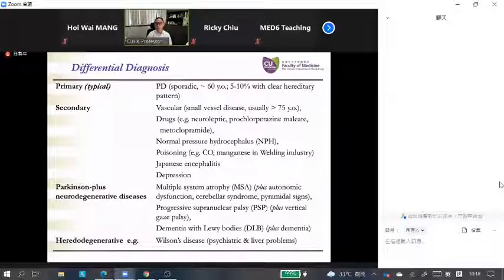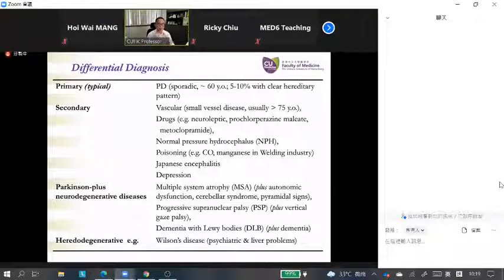Parkinson's disease, you all know, is almost 80-90% sporadic. Mean age of onset is 60, and the prevalence is about 1 in 100 of people older than 60 years old. It's the second most common neurodegenerative disease. But over the years, we have found more and more genetic mutations. 5 to 10% have a clear hereditary autosomal dominant or autosomal recessive pattern.